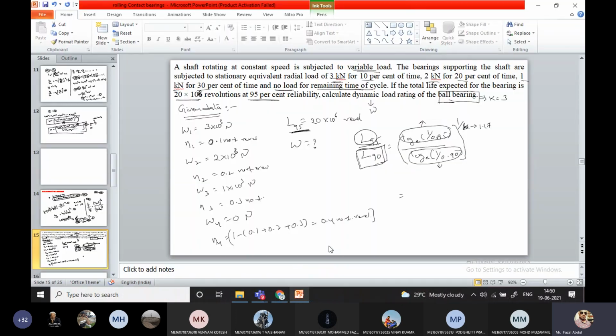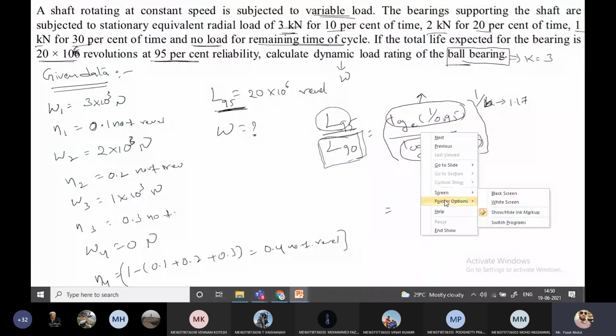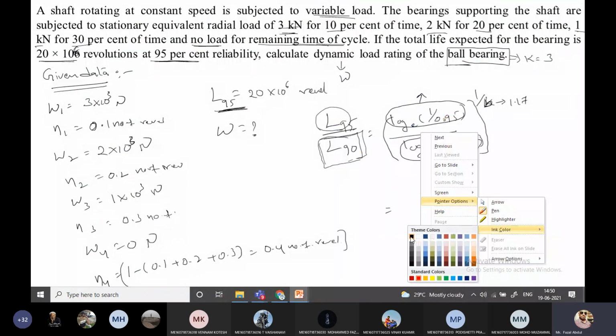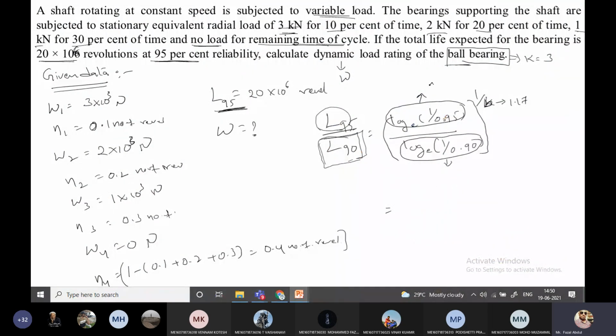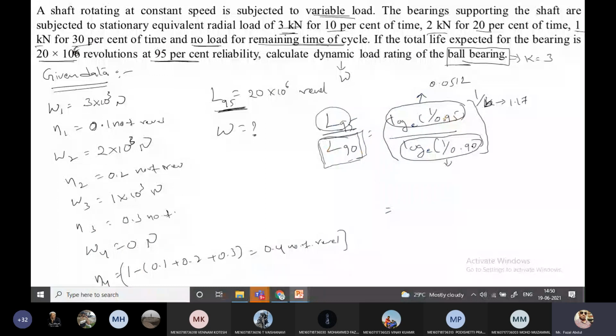0.0512. Very good. Now what is this value for the 90? I am asking log E 1 by 0.90.